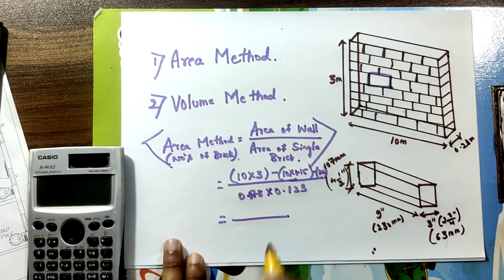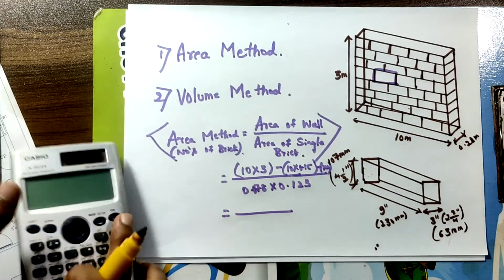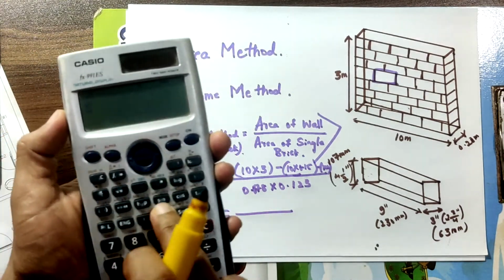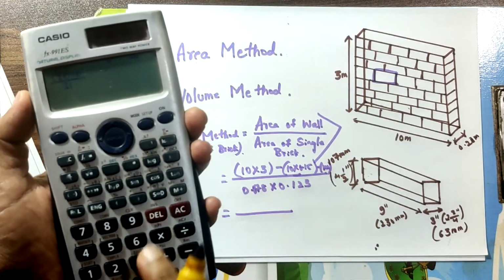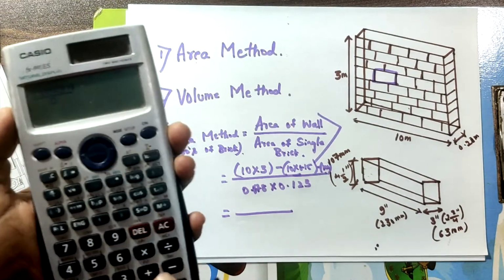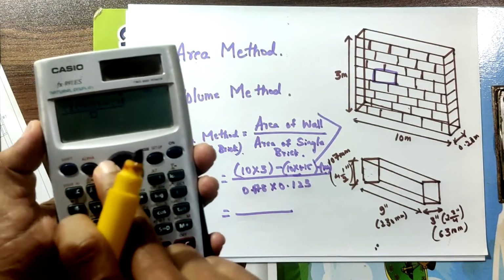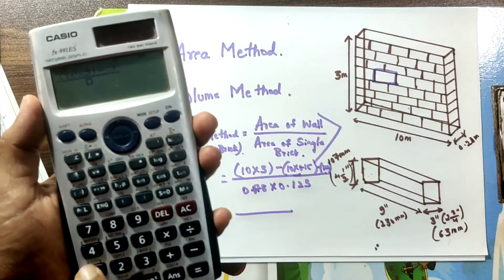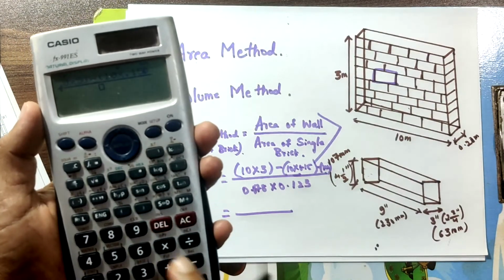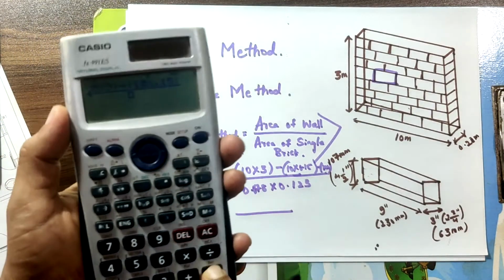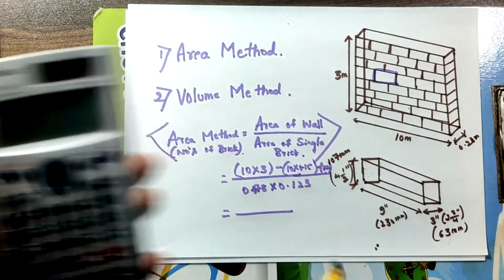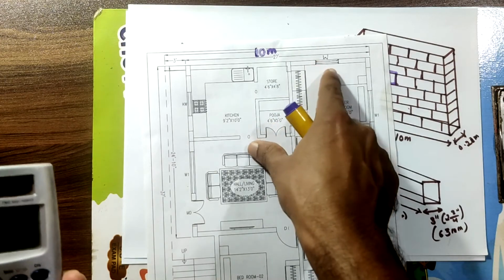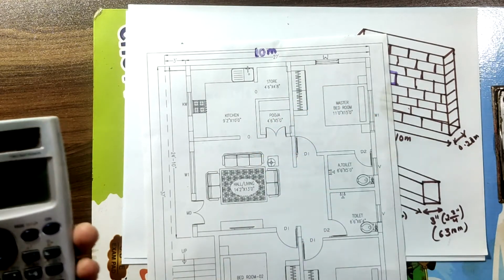The formula is, let us calculate here: 10 by 3, minus the lintel area 10 into 0.15, minus window area. As you can see here, one window is present. This window is 1 by 1 meter.